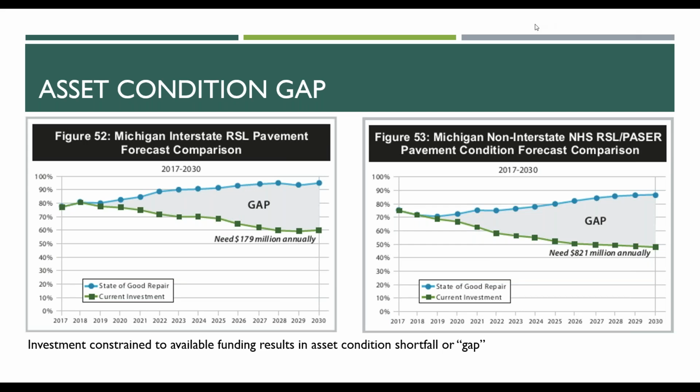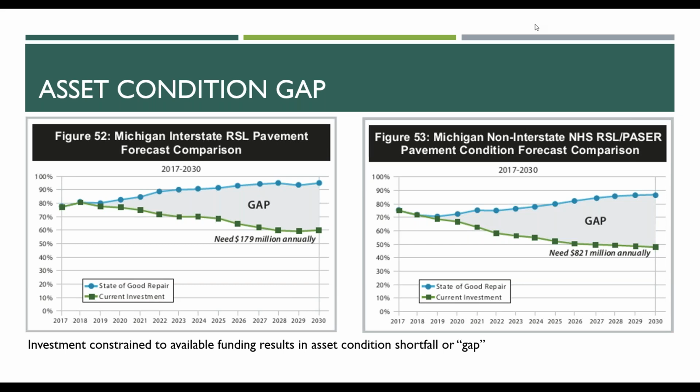And these are graphs that show the condition gaps and the coinciding fiscal gaps between our current investment and our state of good repair. And this is available for us because we have the forecasting tools based on our pavement performance measures to not only do forecasts based on current investment, but also on any hypothetical investment levels that we would like to achieve.